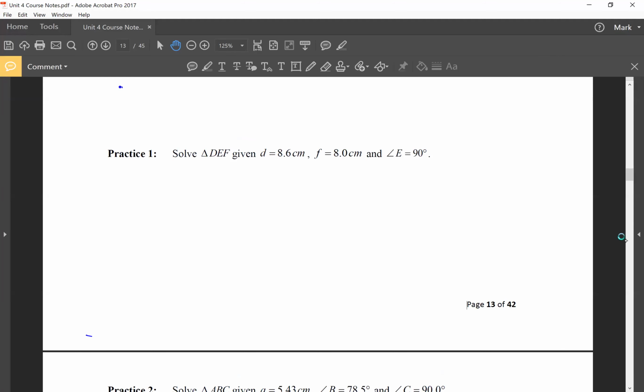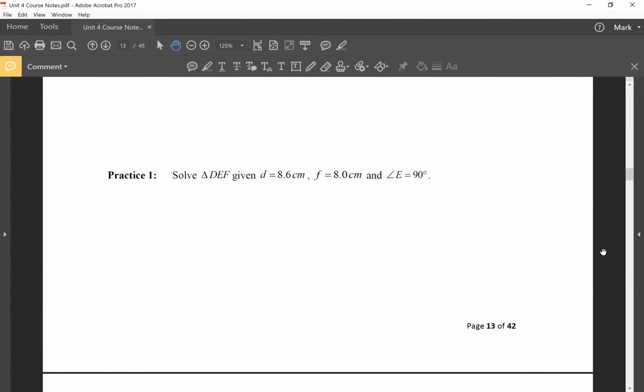So let me just make a little sketch of my triangle. I'm giving myself a lot of room here. So here's my triangle. E is 90 degrees, which means this side is E. That's step number 1: for the 90 degrees, put side E across from that angle. Very important.